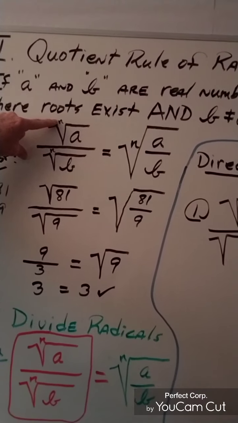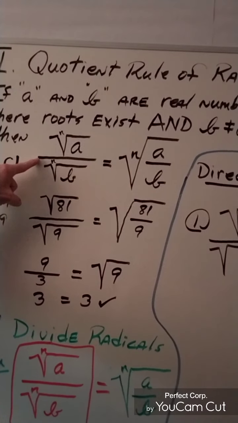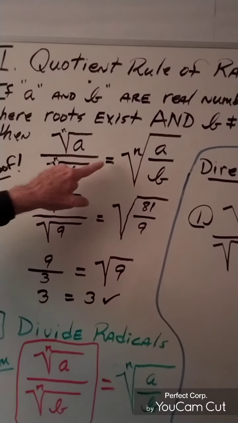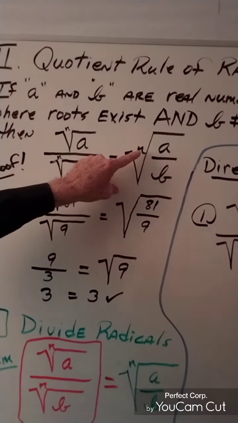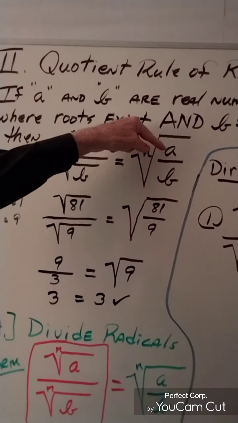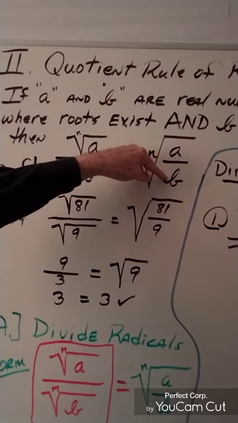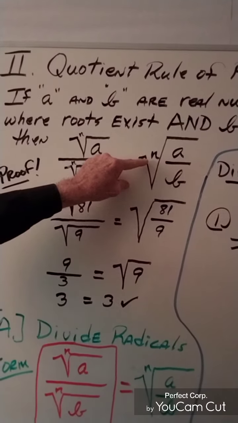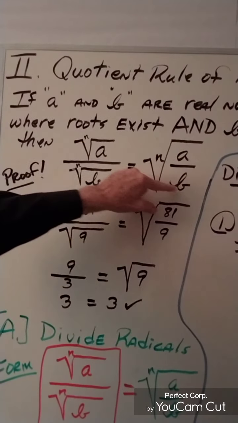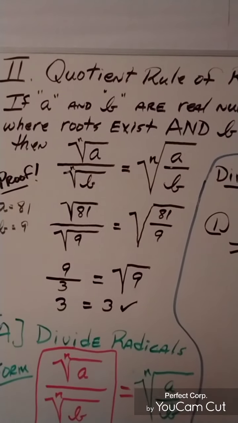The nth root of A divided by the nth root of B is equal to the nth root of the quotient of A and B, or is equal to the nth root of the radicand A divided by B.